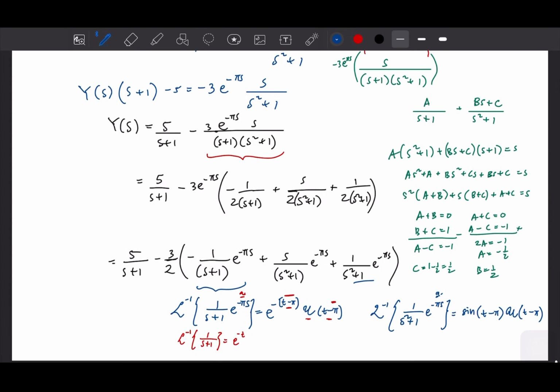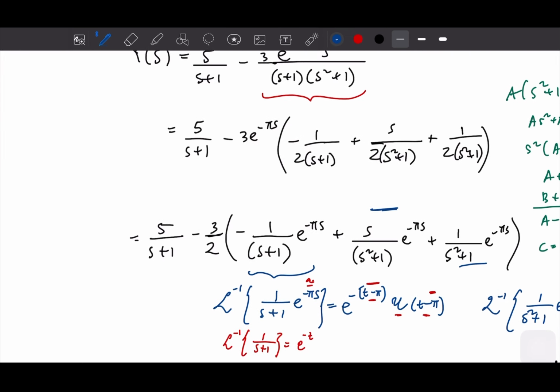Okay, lastly, the middle one I forgot. Let me write here. Laplace inverse of s over s squared plus 1 times e^(-πs), okay. This is going to be cosine (t minus π), Heaviside t minus π.